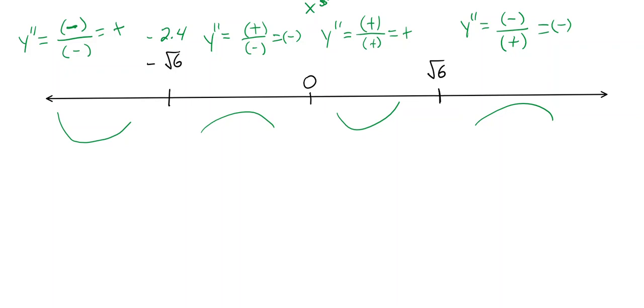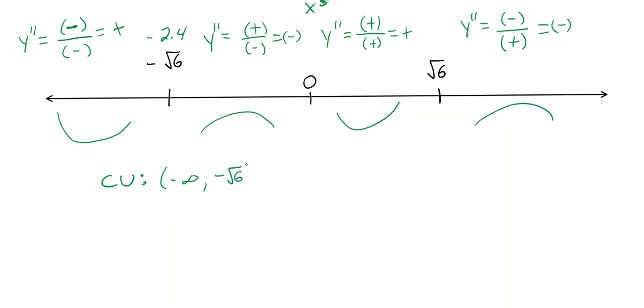So now let's just write this out. If you want to do shorthand, concave up. And then we'll do this in interval notation, which is typically the way you're going to write your answers. It's concave up in this section and in this section, so we just need a way of stating that. It's going to be from negative infinity to negative square root of 6.